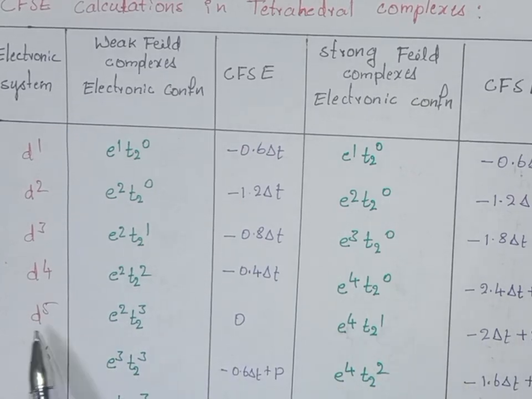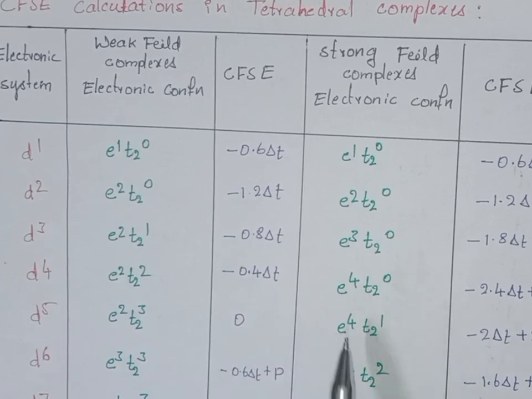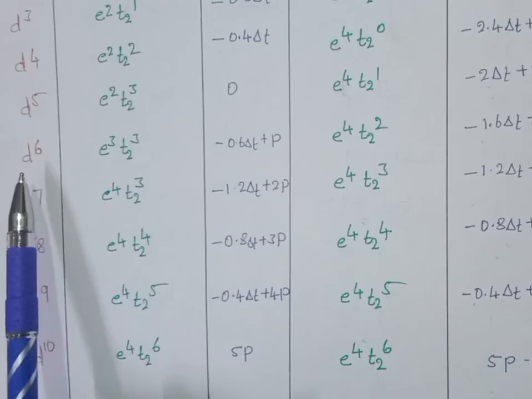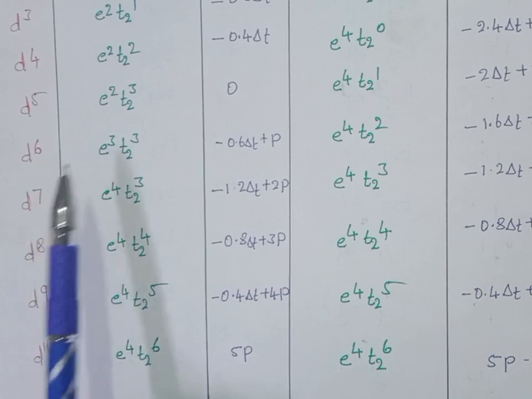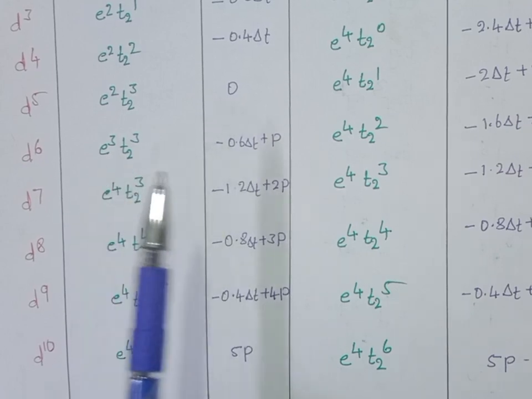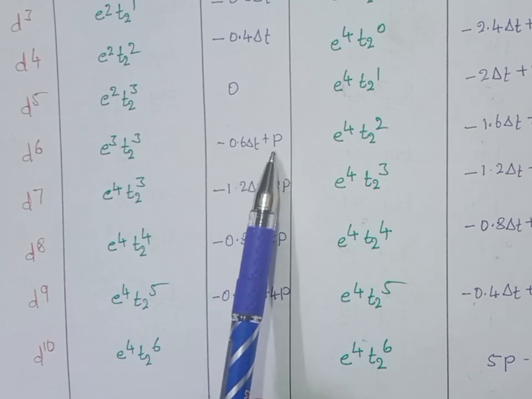For the d5 system, for a weak field complex, the electronic configuration is e2 t2^3 and the calculated CFSE is 0. And for strong field complexes, the electronic configuration is e4 t2^1 and the CFSE is minus 2 Δt plus 2P. For the d6 electronic system, the electron configuration for a weak field complex is e3 t2^3 and the calculated CFSE is minus 0.6 Δt plus 1 pair.